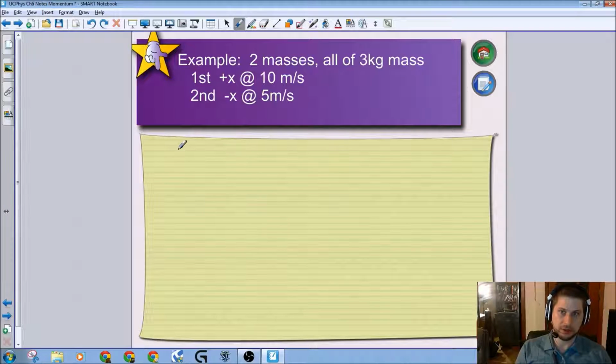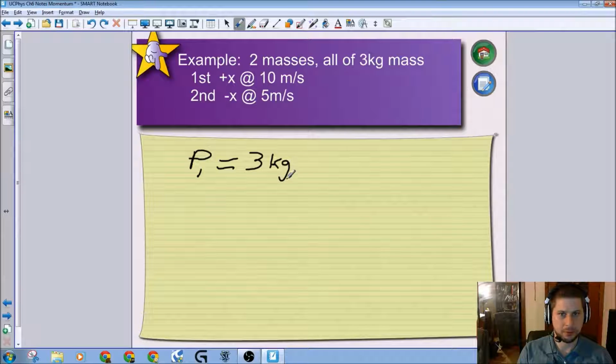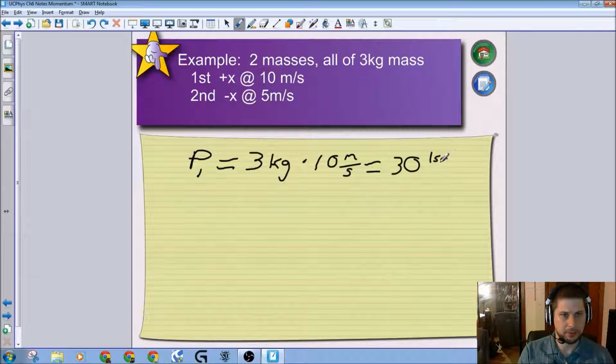Okay, so here we would say that the momentum 1 equals the mass, 3 kilograms, times the velocity, which is 10 meters per second. And that would give us 30 kilogram meter per second.